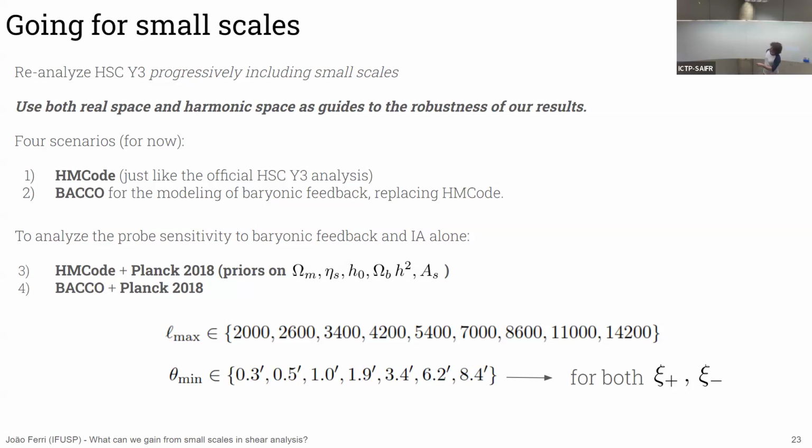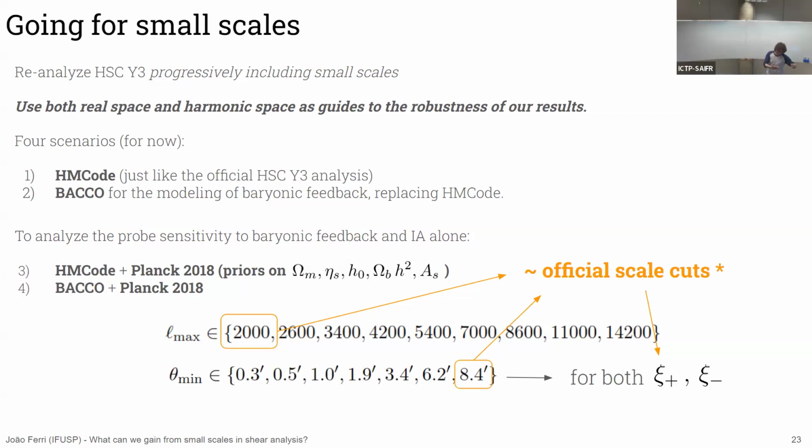And just for a disclaimer, the first scale cut here, like 2000, is around the official scale cut. So we're going to add more and more data up to 14,000 multipole. And the first scale cut in theta is 8.4 arcminutes, which is around the official scale cut, at least for psi plus, because for psi minus it's actually 40, because of that story of making scale cuts consistent.